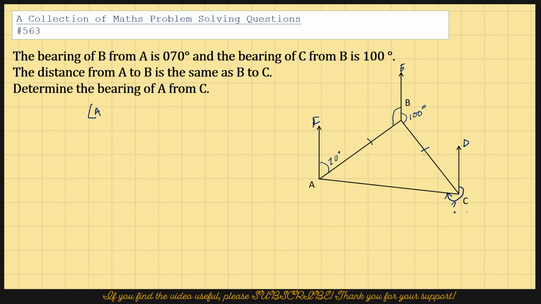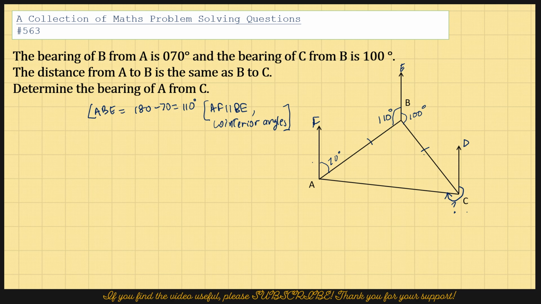So angle ABE would equal 180 minus 70, that equals 110 degrees, and that's because AF is parallel to BE, and the angles are co-interior angles. So the angle ABE is 110 degrees.